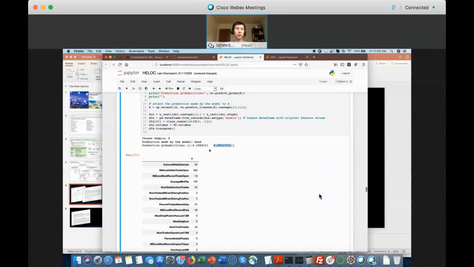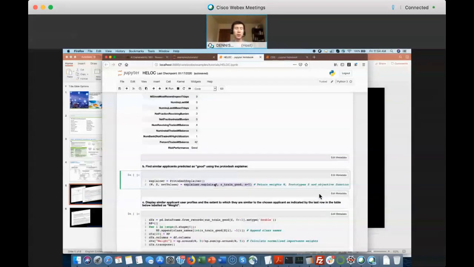So now we're going to find applicants in the training sets that were also classified as good and are similar to this applicant in terms of their feature values. So for that, we're going to use the protodash algorithm. So here we instantiate protodash, and we're going to call its explain method.